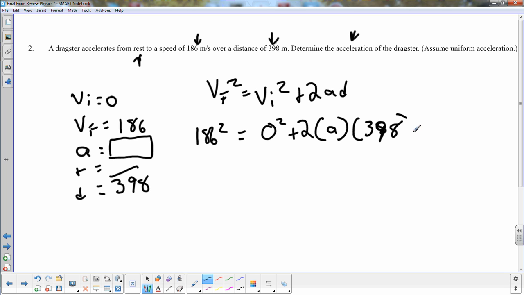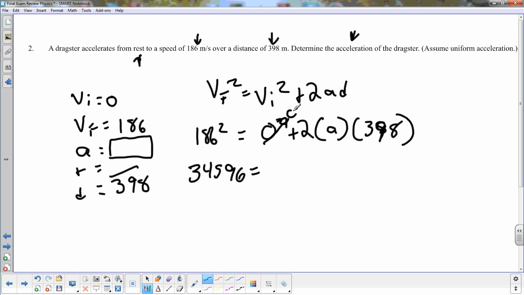And let's see, what can we do here? 186 squared, that is a big number, 34,596 equals 2 times 398, 796. So that's going to be 0.